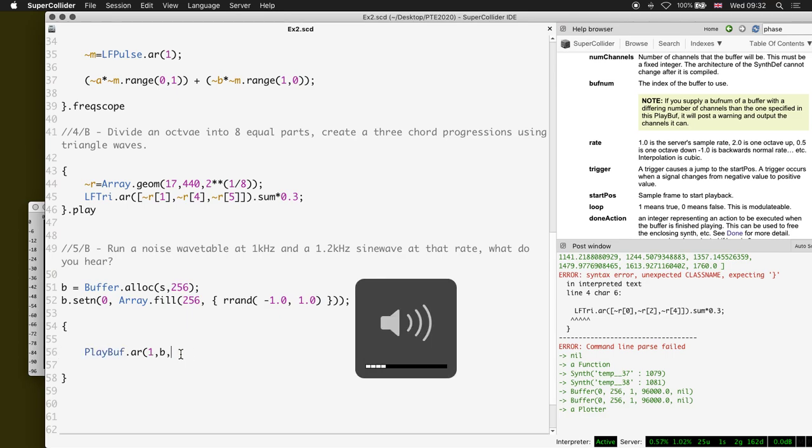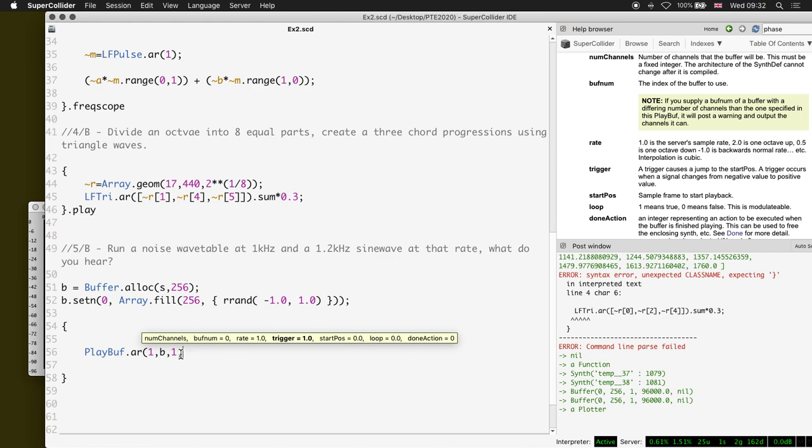So the rate is 1, and then, sorry, trigger is 1, start position is 0, and loop is 1. Okay, let's see what happens there to start with. Oh, sorry, it's wrong.